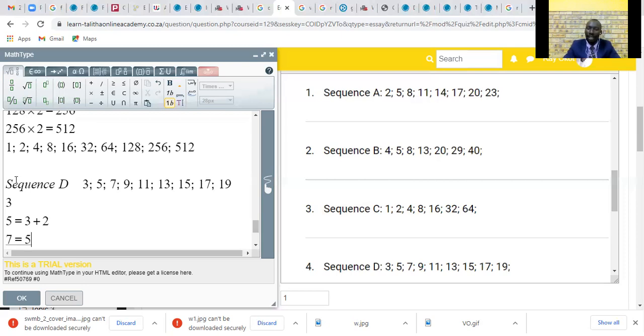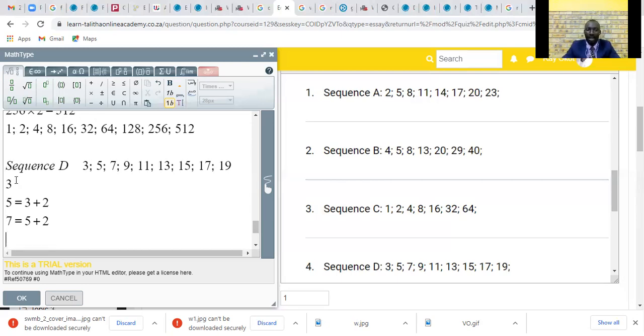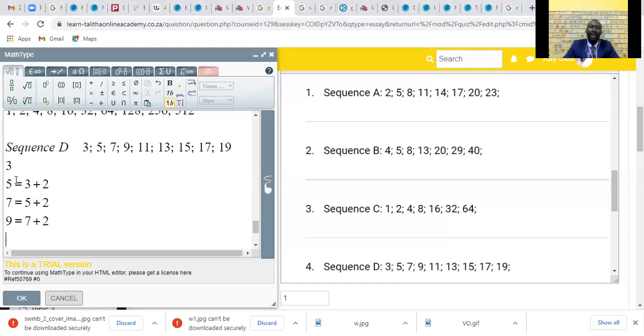Okay, and what is that? A 2. When you look at the next term, 9, you soon notice that something was added possibly onto a 7. And what is that? That is a 2.